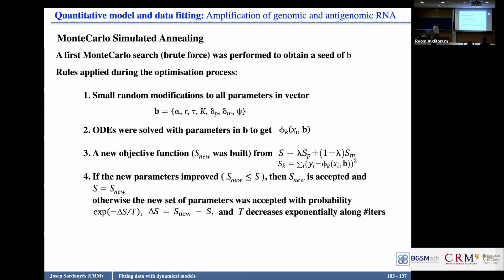If the new parameters improve, that is, S mu is lower or equal than S, then S mu is accepted and S becomes S mu. Otherwise, the new set of parameters is accepted with this probability, where capital delta S is the difference in fitness, and this is exponential, and T decreases exponentially along time.